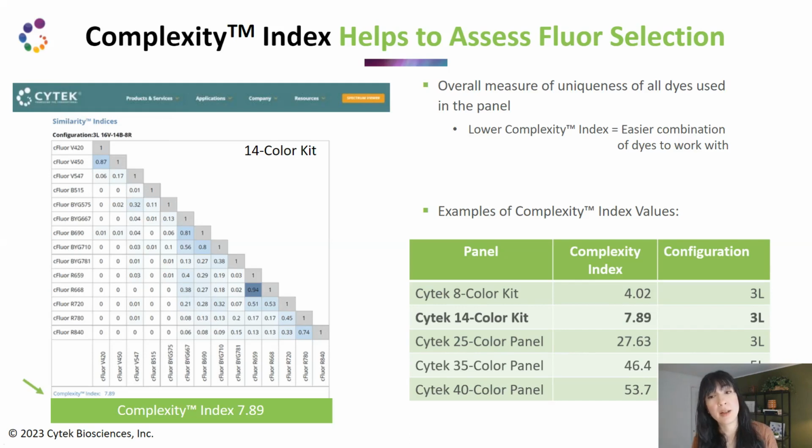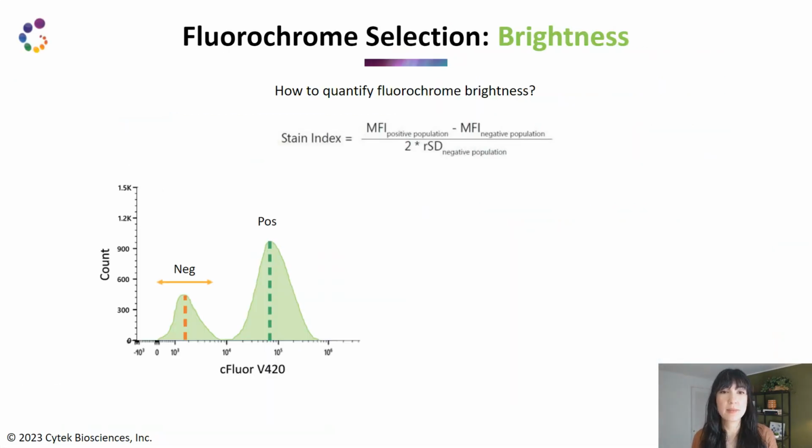If you have a smaller panel, your complexity index may be something like 4.02. But if you go much larger, like our 40 color panel, the complexity index is 53.7. I don't want you to get too hung up on the precise values, just that there's a relative comparison of lower values are easier to work with, higher values are harder to work with. And I'll give you some examples of exactly why that is.